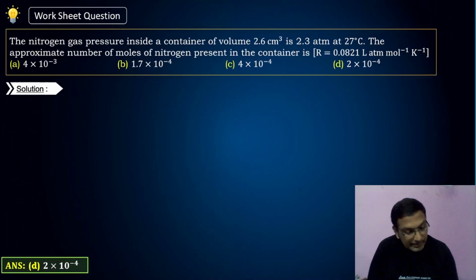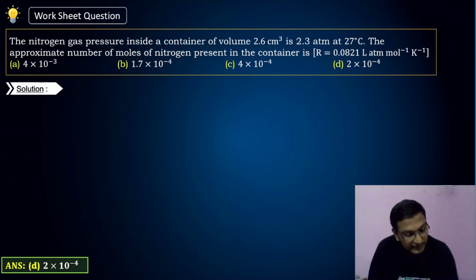Nitrogen gas: the pressure inside a container of volume 2.6 cm cube or ml is 2.3 atmospheres at 27 degrees centigrade. What is the approximate number of moles of nitrogen present in the container? R value is given. So simple one.